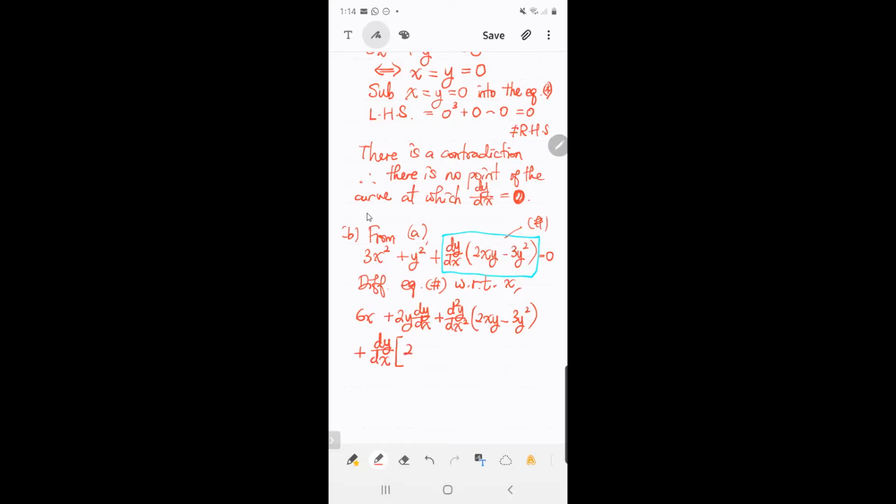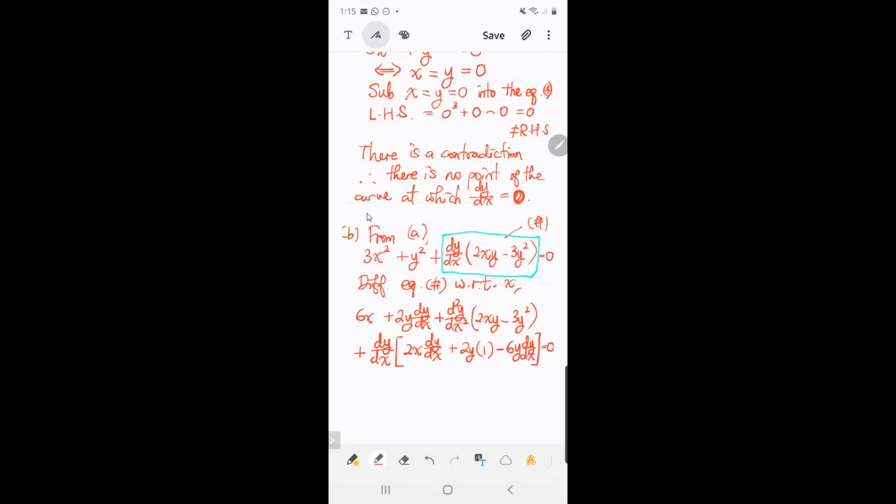So you have 2x, differentiate the y, dy dx, plus 2y, differentiate the x, you get 1. Then differentiate the 3y squared, you have minus 6y dy dx. So this one becomes a bit more complicated. And this is equal to 0.